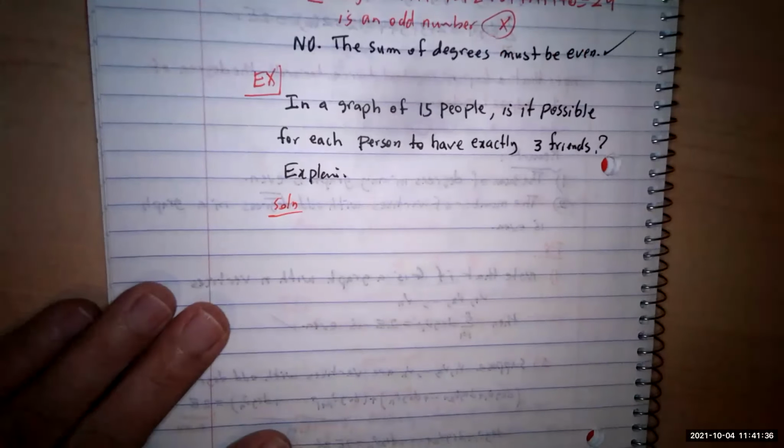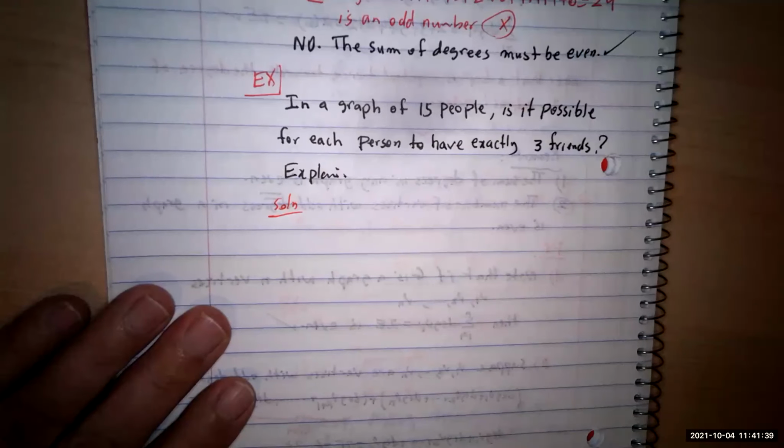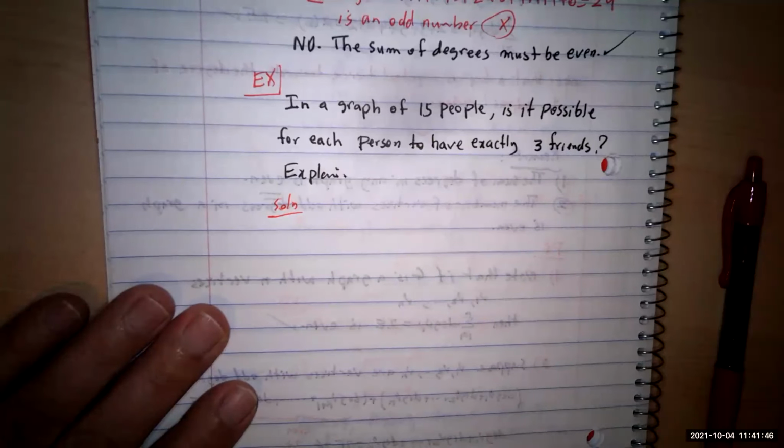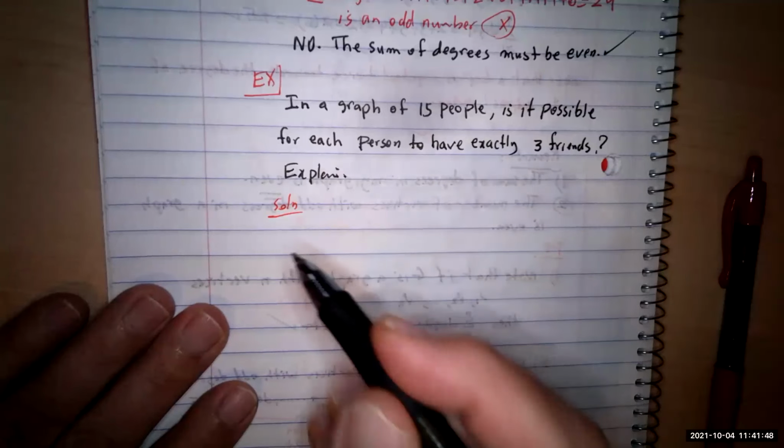So they are going to be friends if they are connected to each other. So this is going to be your friendship graph, if you like. We're going to consider the graph.